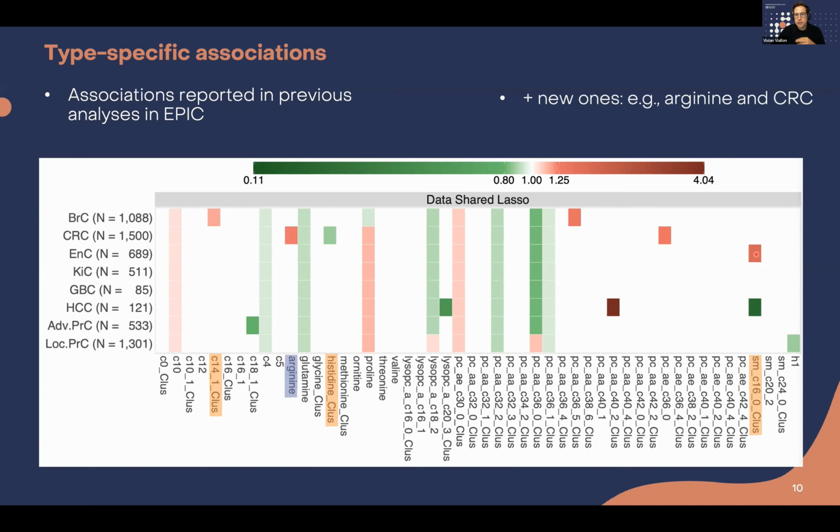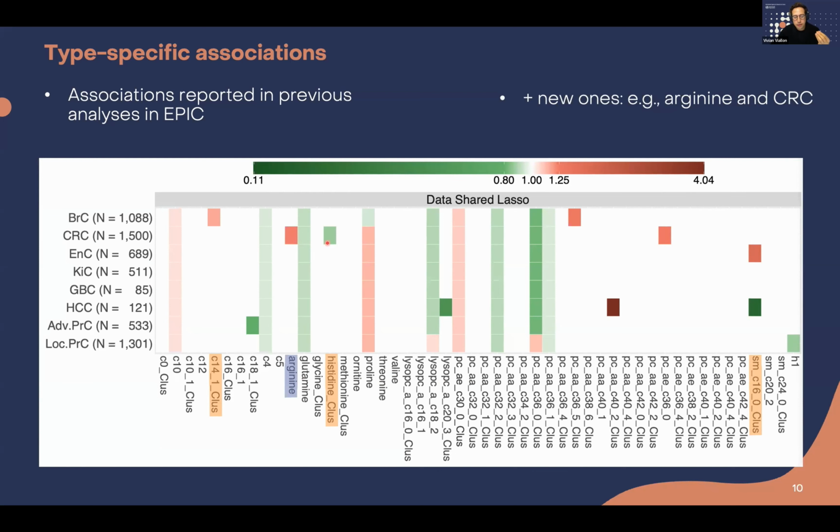But we also identified a few additional cancer-type-specific associations, and in particular, this positive association between arginine and colorectal cancer is interesting because it only showed up in mutually adjusted models, and in particular in models that were adjusted for glutamine and histidine.